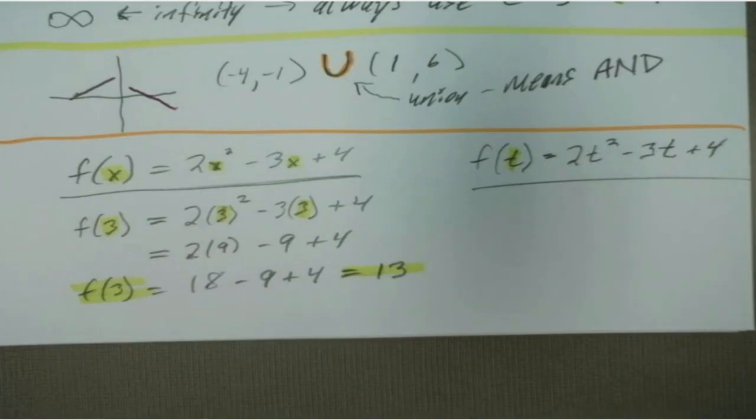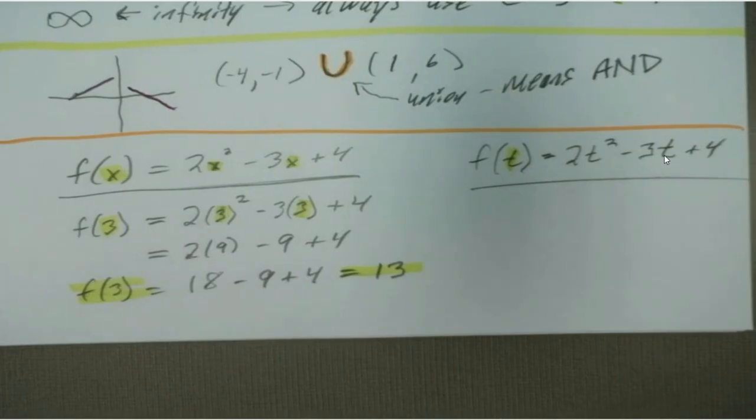I'll leave that there for a second if you're putting that in your notes, just so you have an example of how function notation works. So if we graph this equation, we would see that it goes through the point 3, 13, because when we substitute in 3, it gets 13. So that would be one of the points on the graph of that.